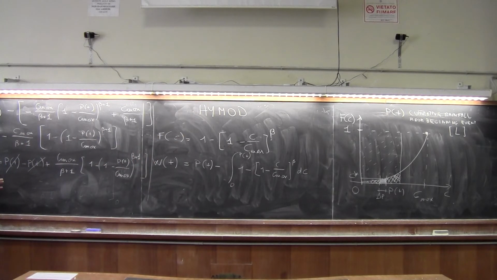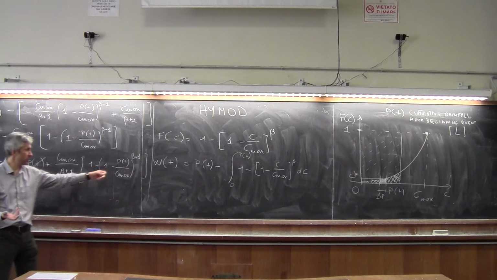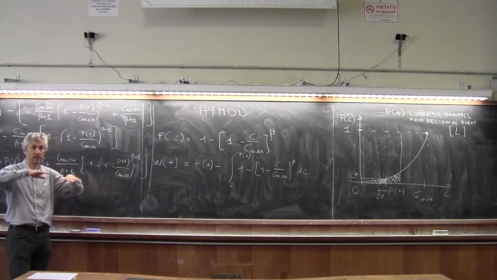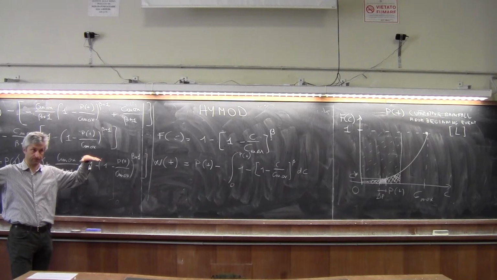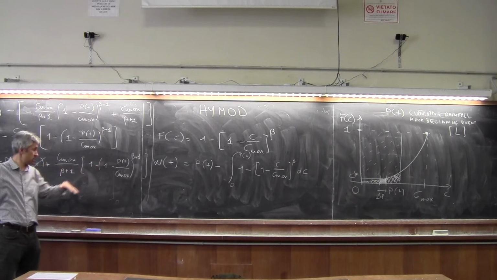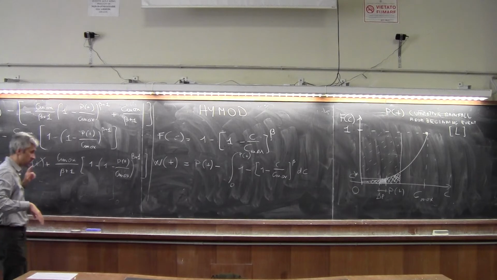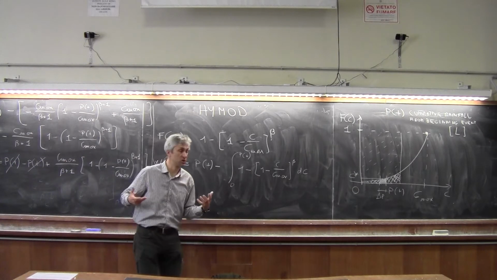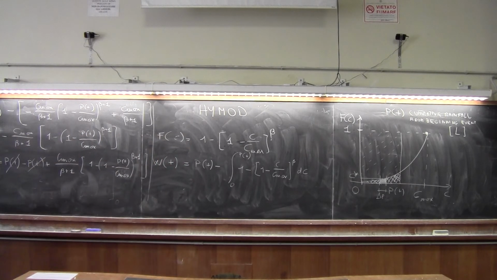And in order to better understand what the difference is, let's see what happens when the rainfall reaches Cmax, which means that the catchment is saturated. In this case, you get the maximum storage, the maximum Wt. So let's see what is the relationship between Wmax and Cmax.